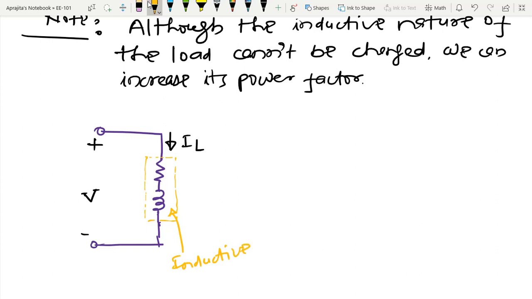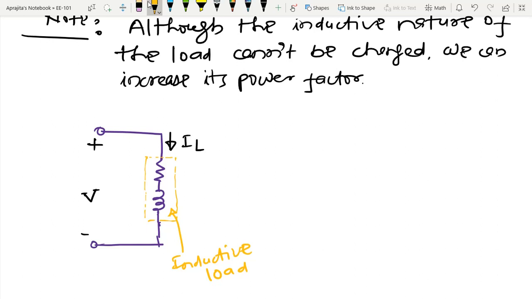So please try to understand the meaning of purely inductive and inductive. Purely inductive means most of the time we are using just a pure inductor here, but inductive means an inductor in series with some kind of resistor. So in that way we are distinguishing between these two.